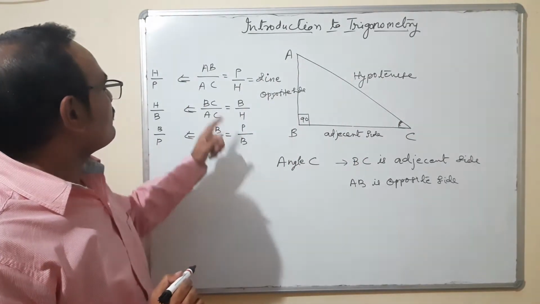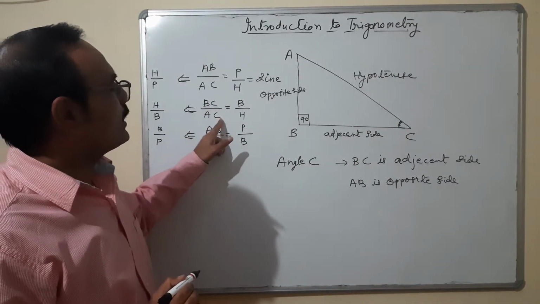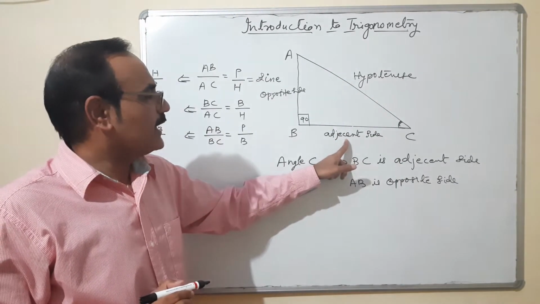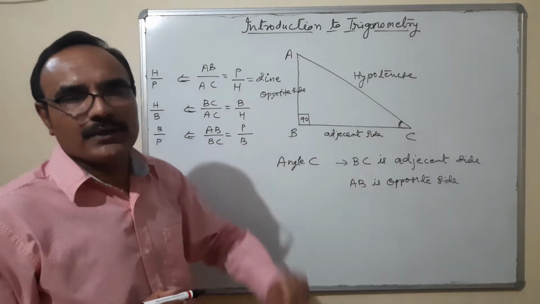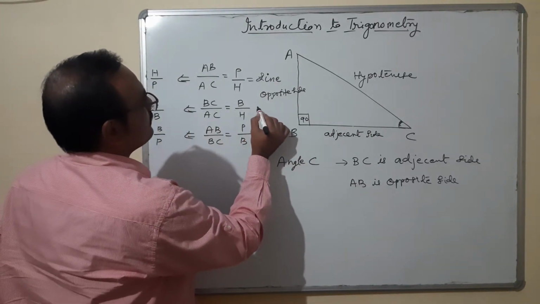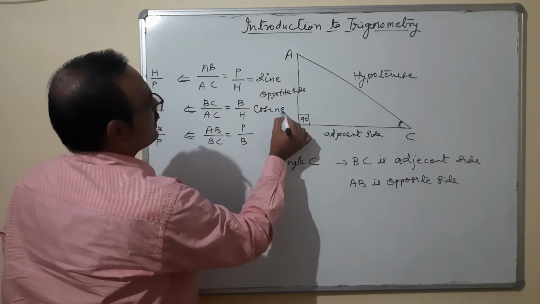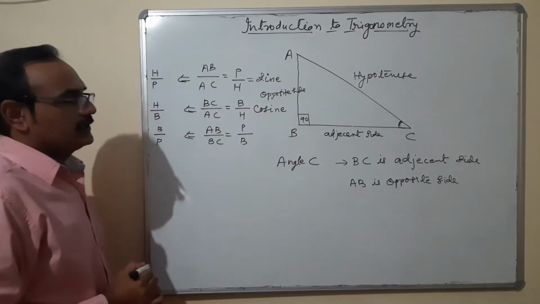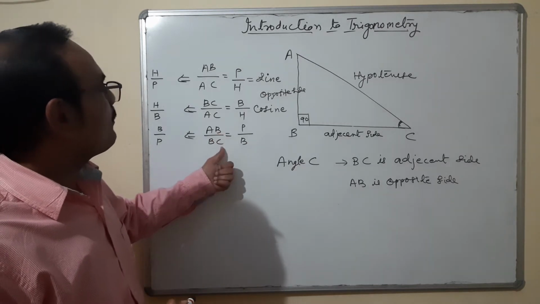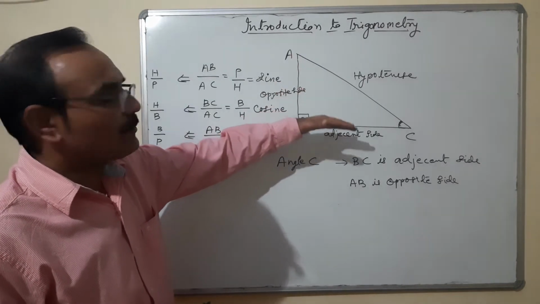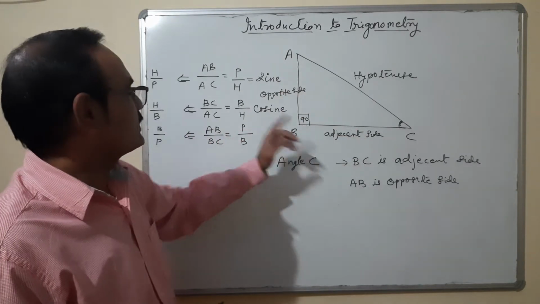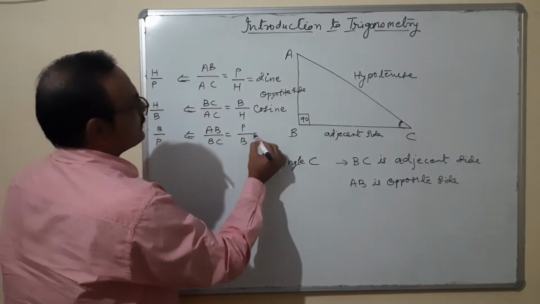Second is BC upon AC, adjacent side upon hypotenuse, which is called cosine. Now the next one is AB upon BC, opposite side upon adjacent side. This is called tangent.